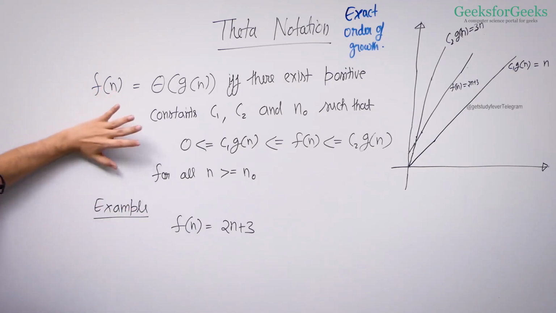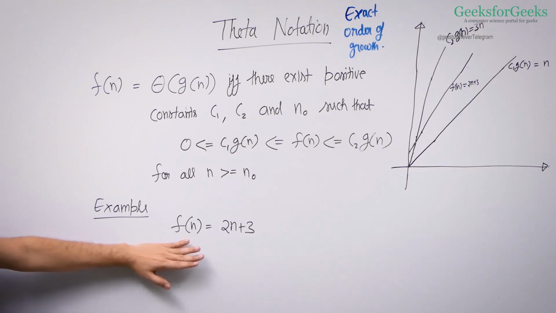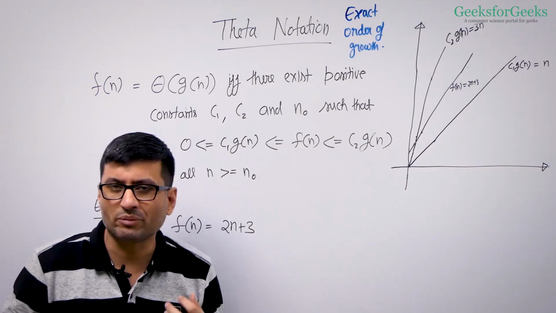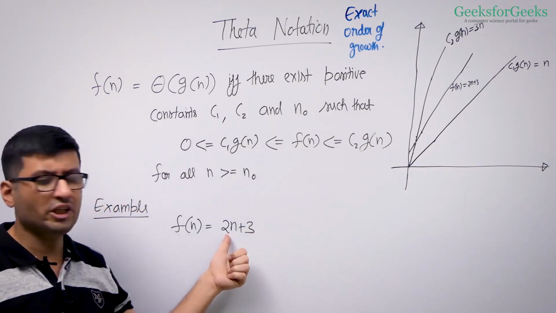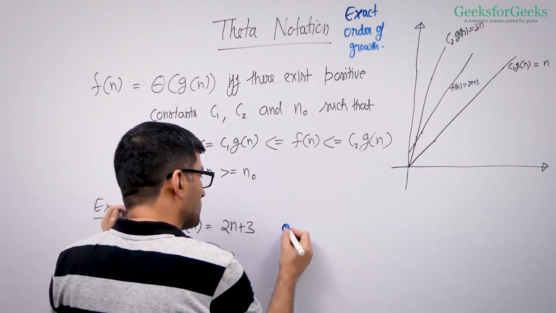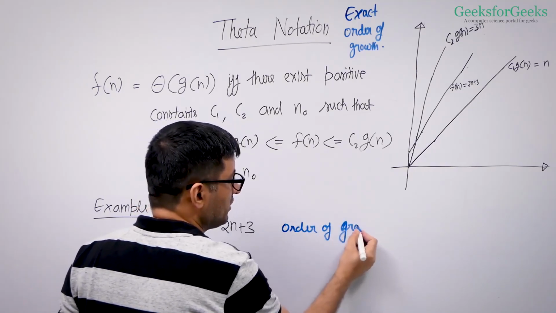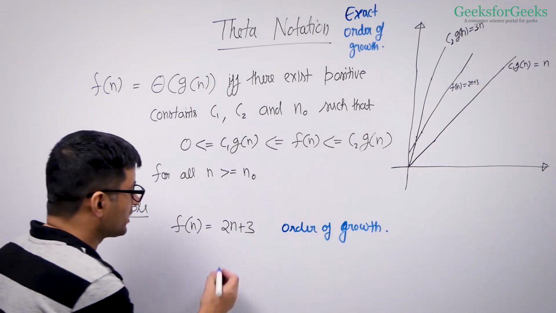So as per this definition, let us try to find out the order of growth of f(n). We can directly find the order of growth using the same direct trick, by ignoring the lower order terms and ignoring the leading constant. We get the order of growth as n, right? Order of growth is n. And theta notation is used to represent exact order of growth, so we can write it as theta of n.